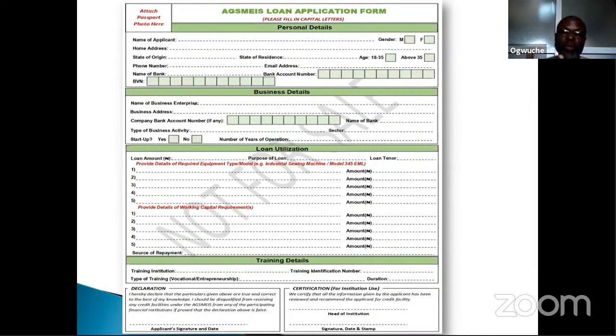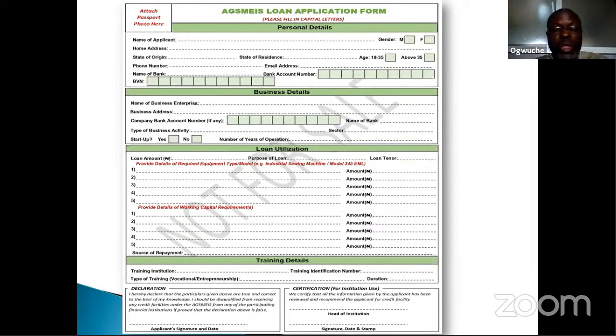So you'll be expected to make a proposal in this section, completing it as appropriately as possible, so that we'll be able to have the total loan amount you want. By the time you finish completing these two sections, required equipment and working capital, that's when we'll be able to know the loan amount required.